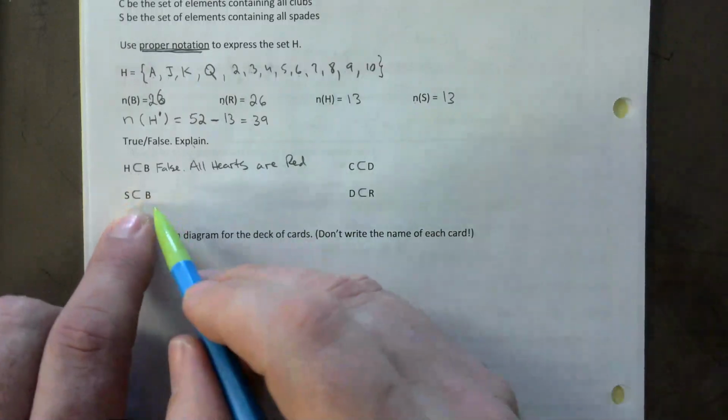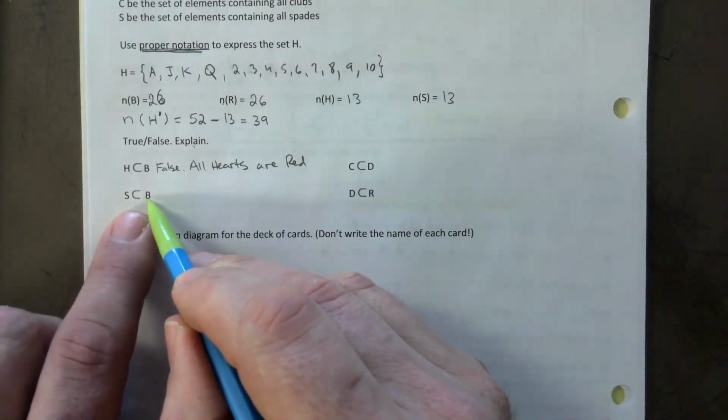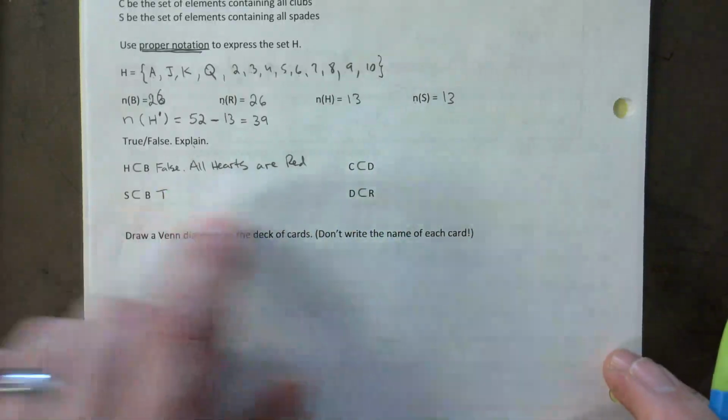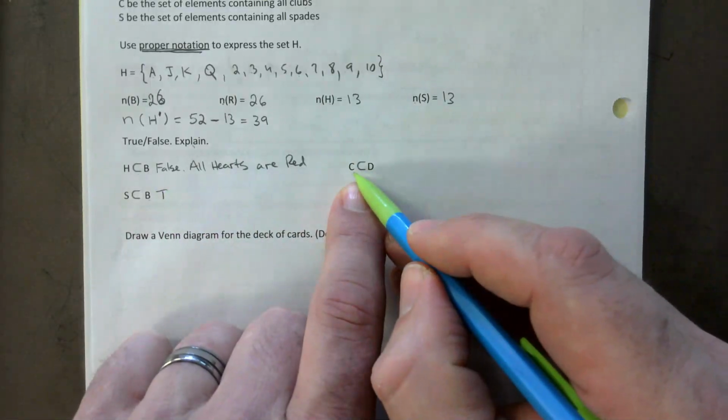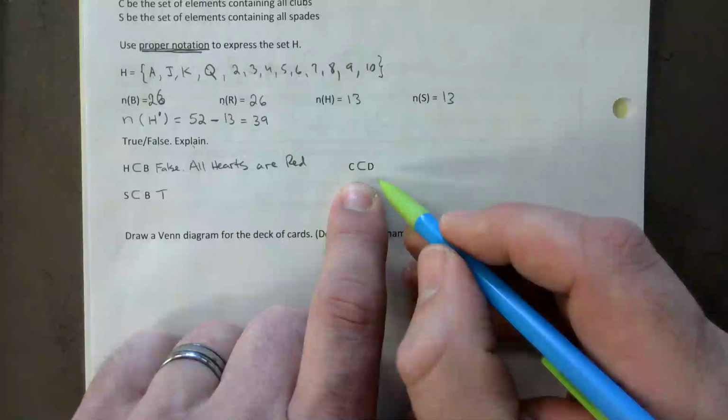Okay. Is the spades a subset of the black cards? True. All spades are black. Would the clubs be a subset of the diamonds? False.